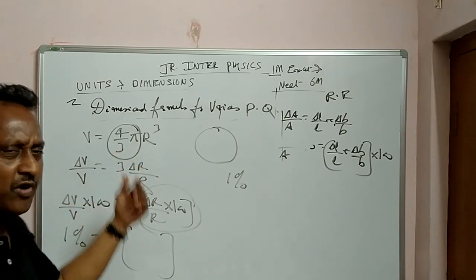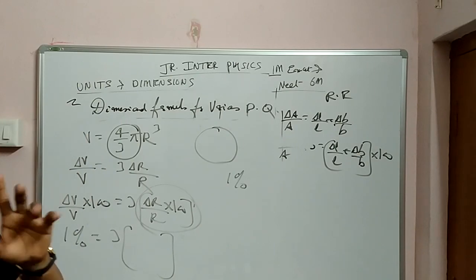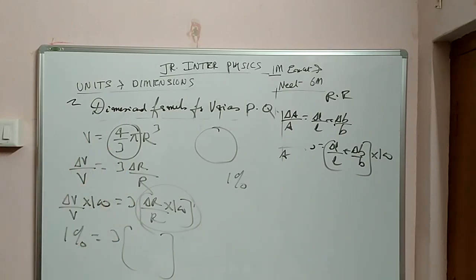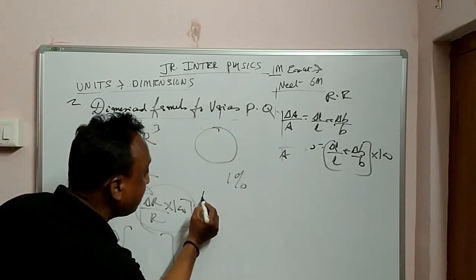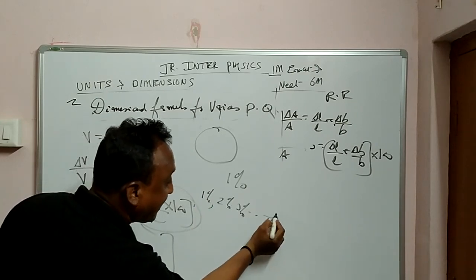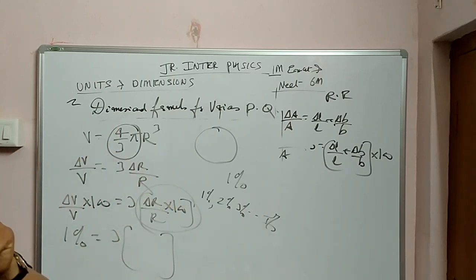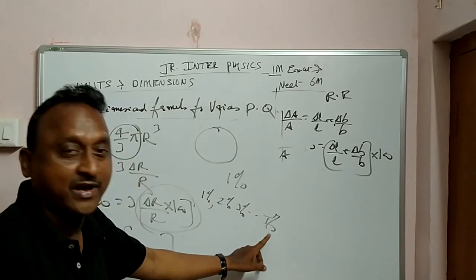Anything, either volume or area, you can apply this formula, but please make a note: this formula is only valid when the error is 1%, 2%, 3%, up to 5% only. These technique formulas you have to apply only when the error is up to 5%.